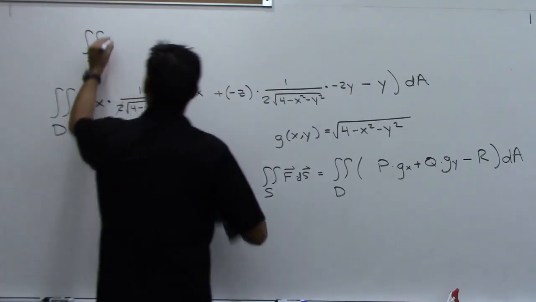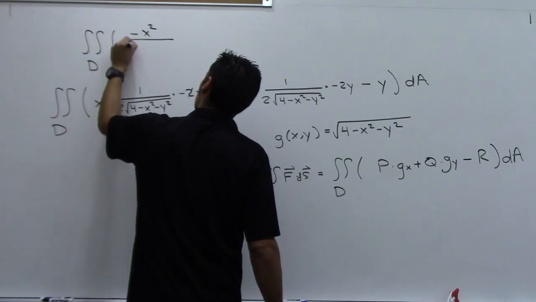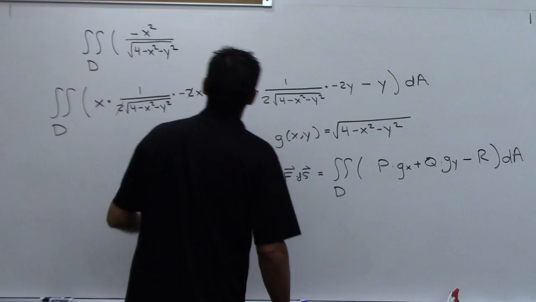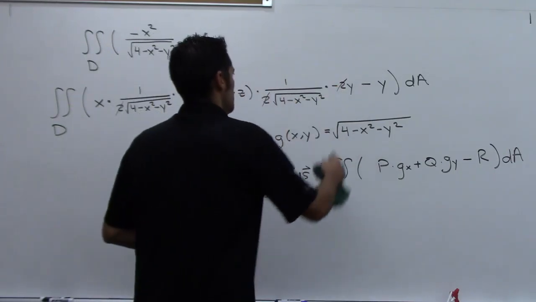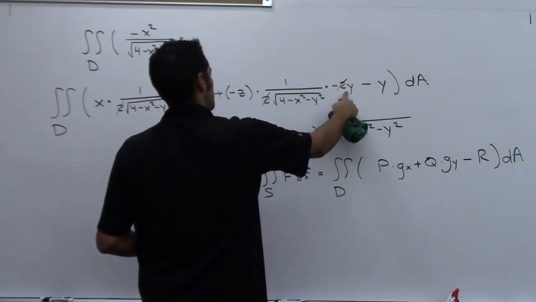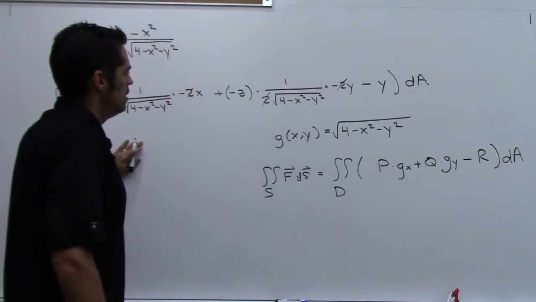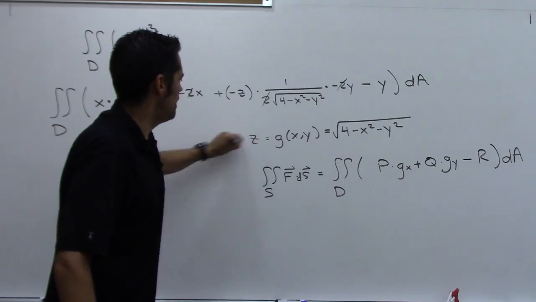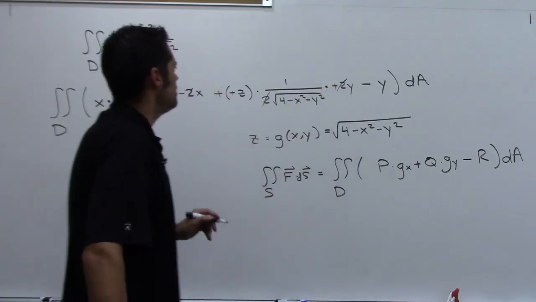We get negative X squared over square root 4 minus X squared minus Y squared. And then here, these cancel. We get negative Y, but then times Z. Remember, what is Z? Well, this is Z. So also notice the negative and the negative become plus.